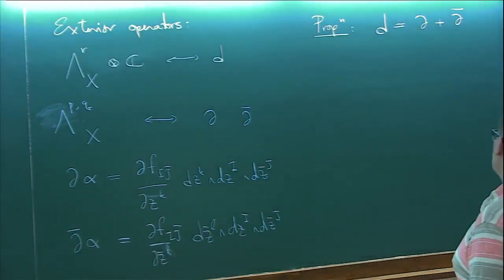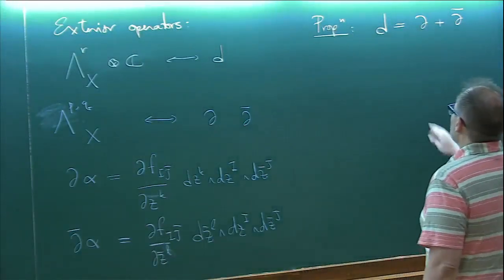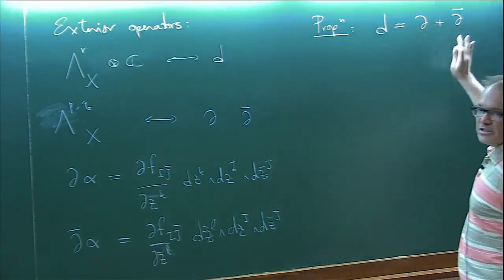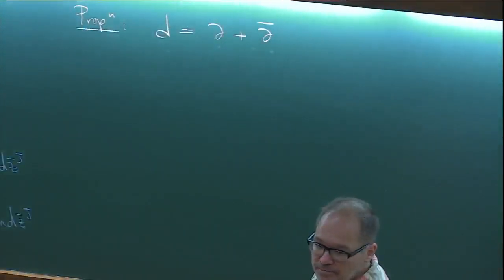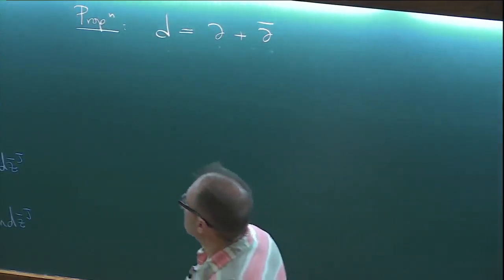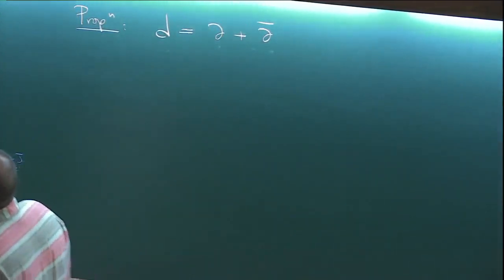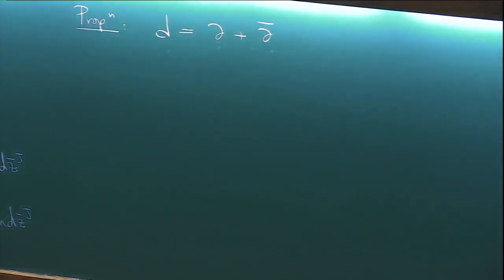And so the claim is that d is ∂ plus ∂-bar for differential forms. Now, this is something that involves computing the chain rule in a holomorphic coordinate system, but you can also look at these ∂ and ∂-bar operators in a slightly different way.